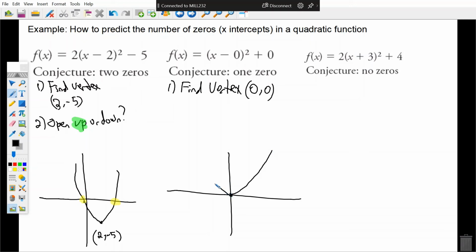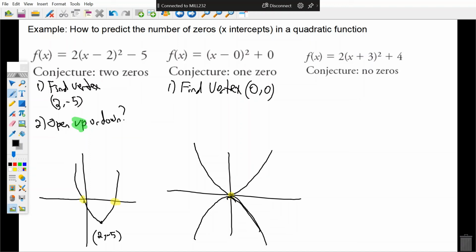How many x-intercepts does it have? How many times does this parabola touch the x-axis? 1. Right there. Okay? If it opened down and the vertex was at 0 and 0, how many x-intercepts would it have? 1. Right? It only touches the x-axis one time.